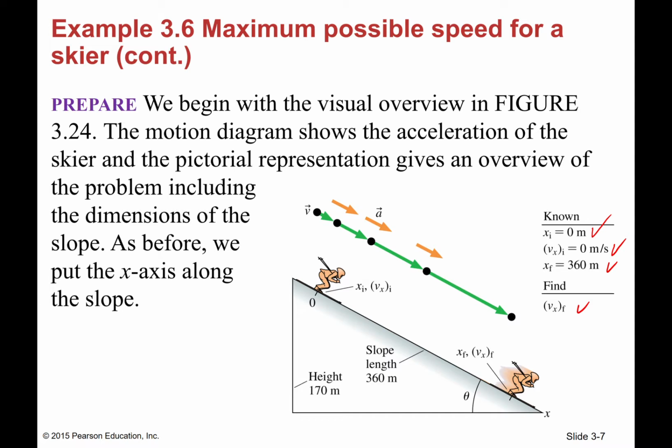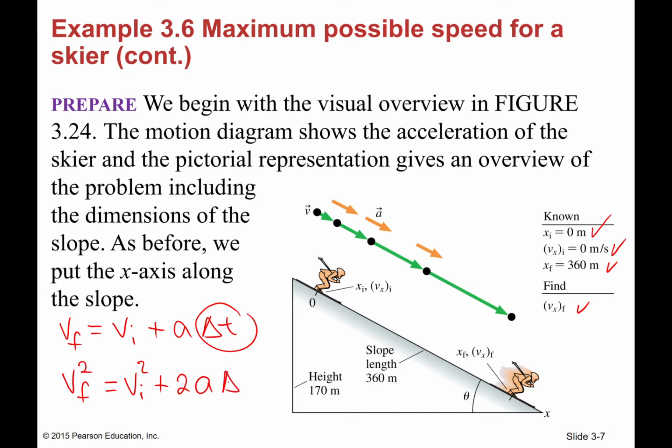So this is a one-dimensional motion like the ones we studied over the last three weeks. So to find the final velocity, we could use final velocity is equal to initial velocity plus acceleration times delta t. We could do that, but that's not going to help because we don't know the time. So we can use the other equation, which is final velocity squared is equal to initial velocity squared plus 2 times acceleration times delta x.